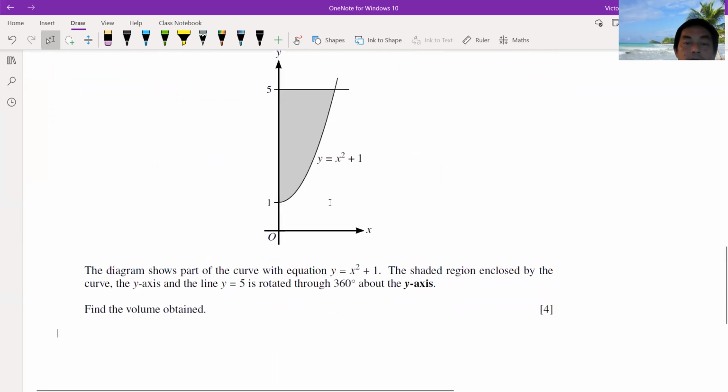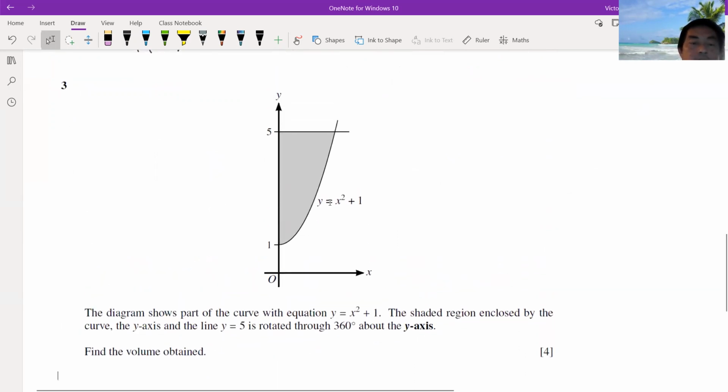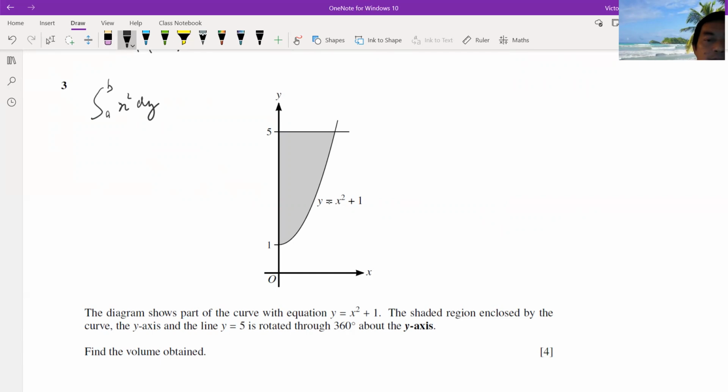You are supposed to find the volume rotated about the y-axis. So the volume rotated about the y-axis is the integral between a and b of pi x squared dy. Over here, x squared equals y minus 1.